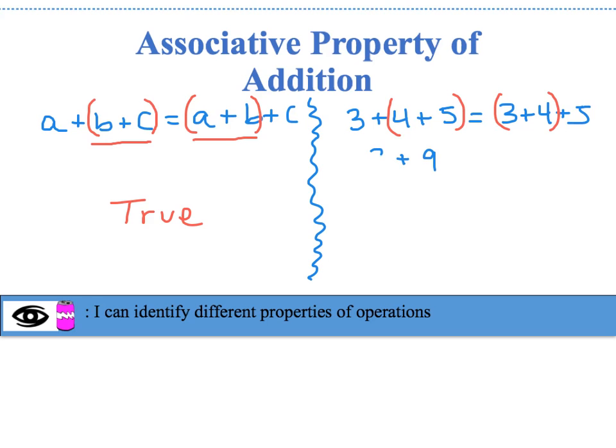Drop down the 3, and 3 plus 9 becomes 12. On the right-hand side, I've got 3 plus 4, which is 7, plus 5. And when I add 7 plus 5, I still get 12. So that's a true statement. It doesn't matter who's grouped together. The associative property of addition says if the groupings are different, your answer is still going to be the same.